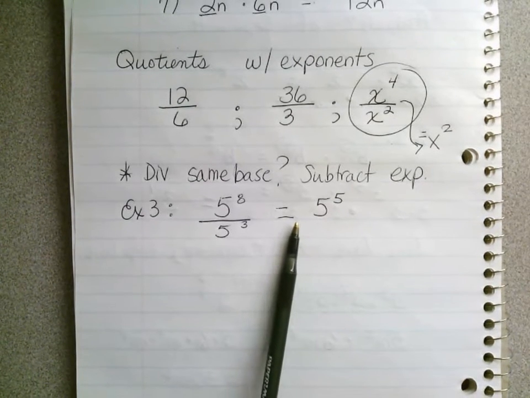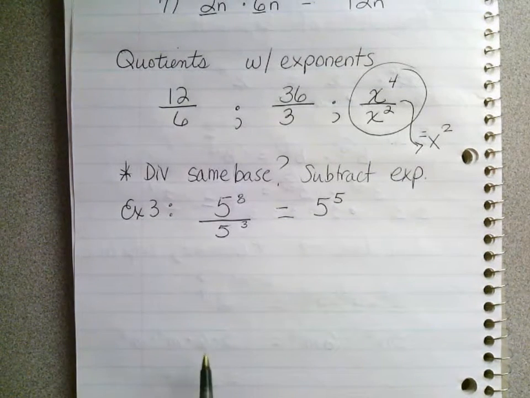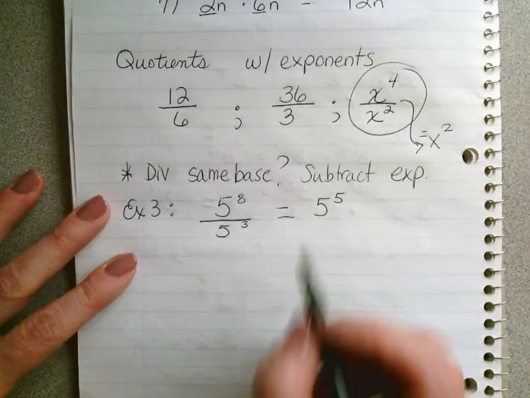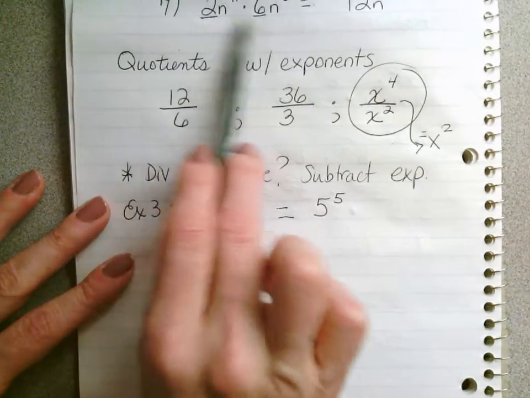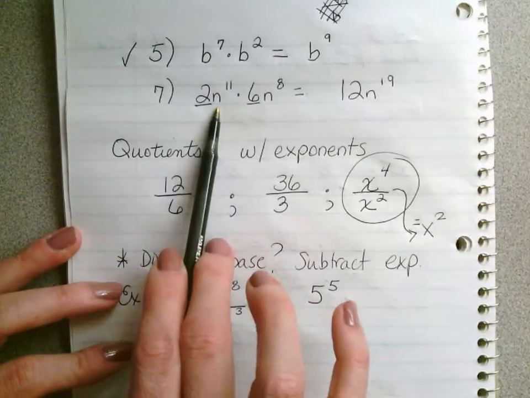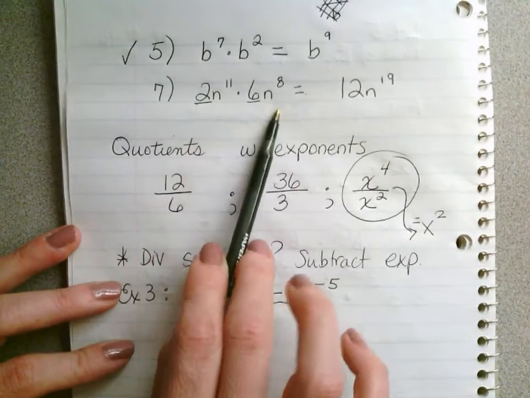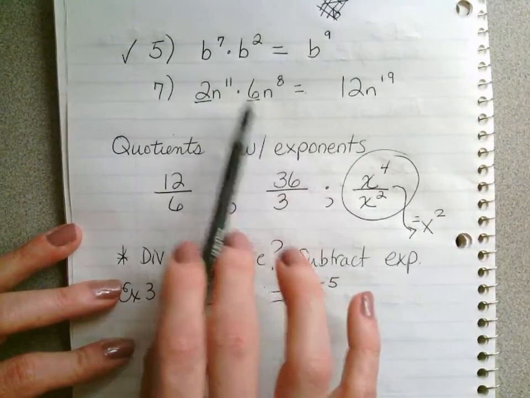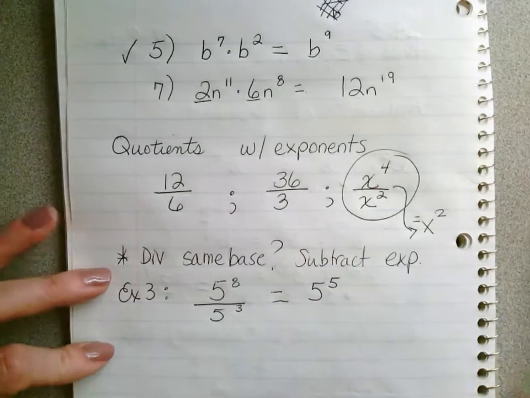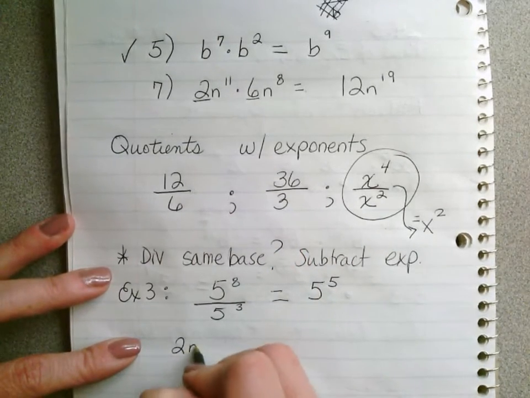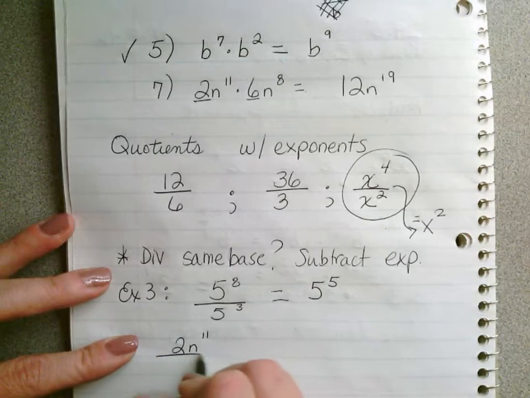Where it does get tricky, and this is where I want to show you a few more of these, is when it's numeric and variable like this, what we did up here in the multiplication. Examples of this in division can be a little tricky. So I'm actually going to take this exact problem and do it as a division problem.